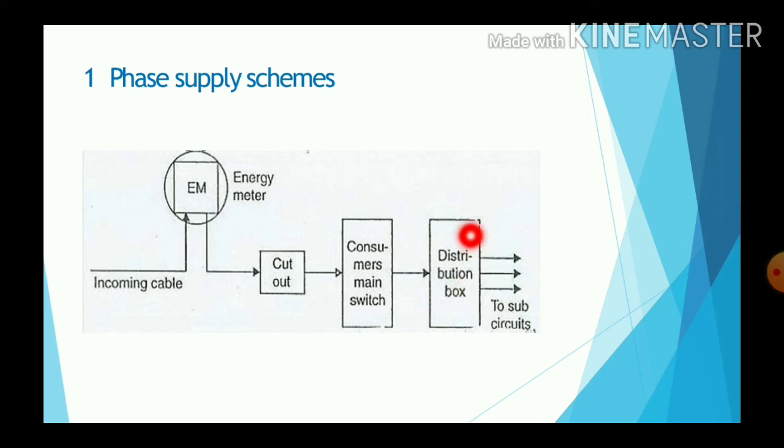In the distribution box there are MCB, ELCB, RCB, etc. MCB stands for miniature circuit breaker and ELCB stands for earth leakage circuit breaker. And from the distribution box, connection is taken to the different sub-circuits in our house.